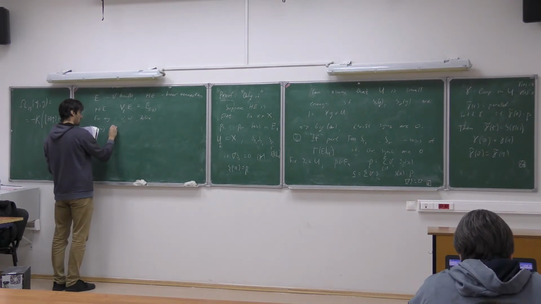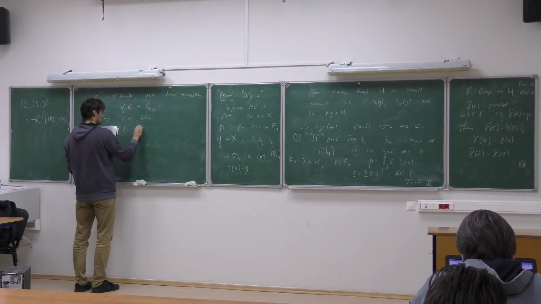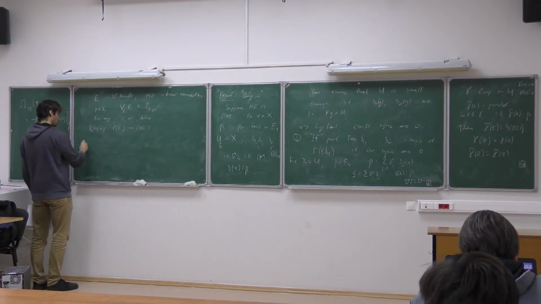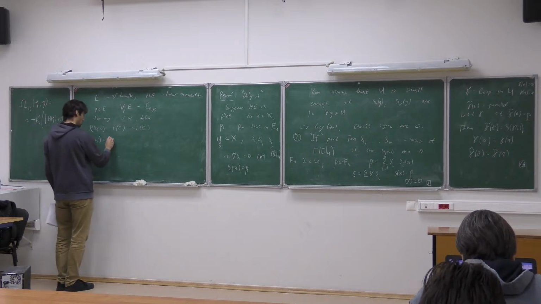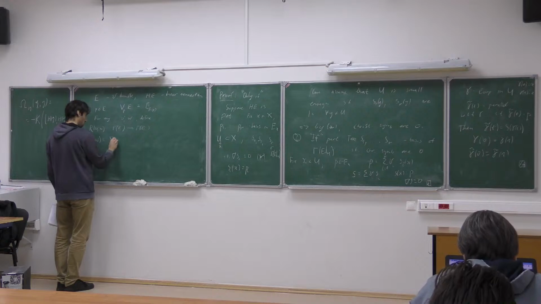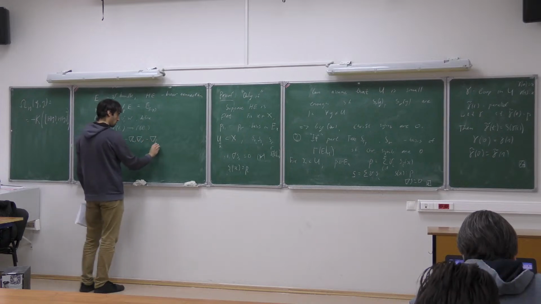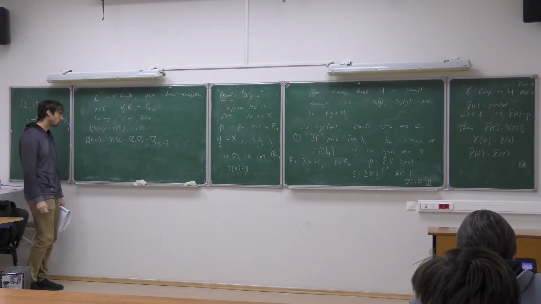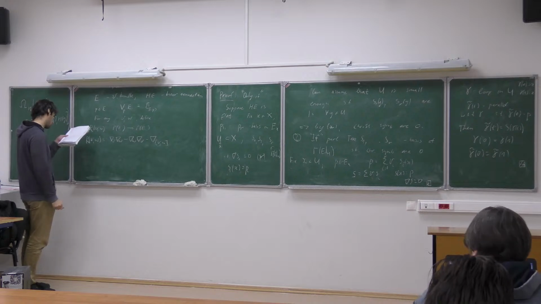So this is from sections of E to sections of E. It goes like this: nabla_V nabla_W minus nabla_W nabla_V minus nabla corresponding to the commutator. Then we have the following theorem.